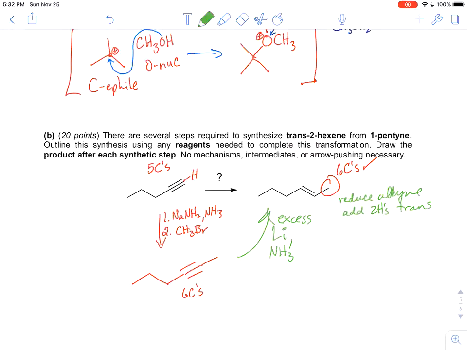But the lithium is going to donate 1 electron to that pi system. And then the hydrogens are going to come from ammonia. And this is a 2-step process. Because of that, they have the choice of making the more stable alkene, in this case, which is trans. And that's the multi-step problem for version A. We'll see you on version B.